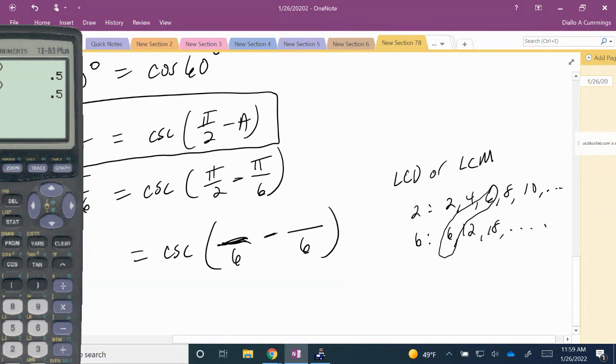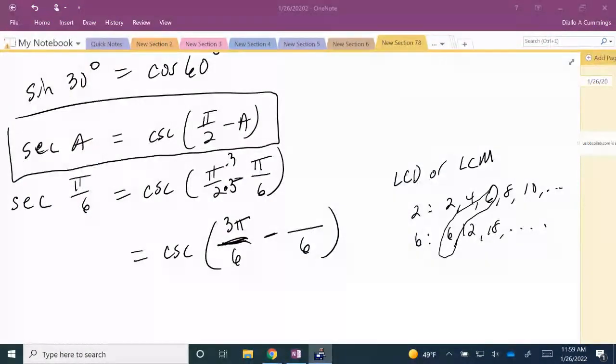So now I need to make equivalent fractions. For this first fraction, that 2 was multiplied by 3 to get 6. So I multiply the top by 3. So that's 3 pi. My second fraction stays the same, right? That 6 was multiplied by 1 to give me the least common denominator. I multiply the top by that same quantity. I get pi.